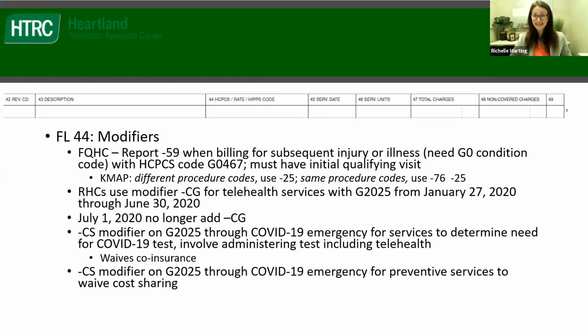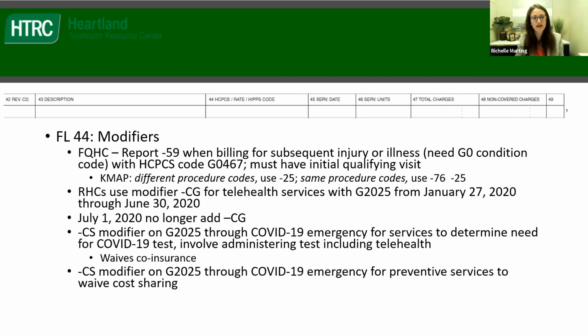Right, so for Medicare, rural health clinics typically would add a modifier. Well, this, I guess, went through June 30th, 2020. So if you still have any claims, we've got a short window here where you're within your 1-year timely filing period.